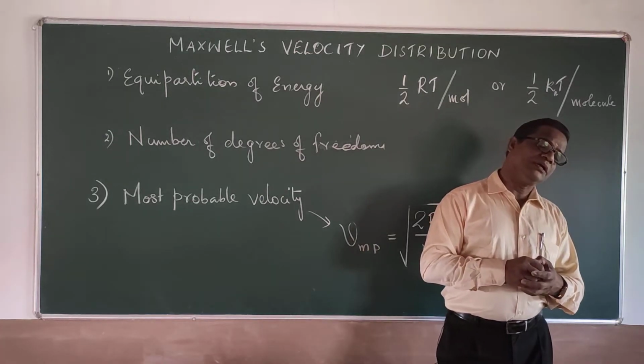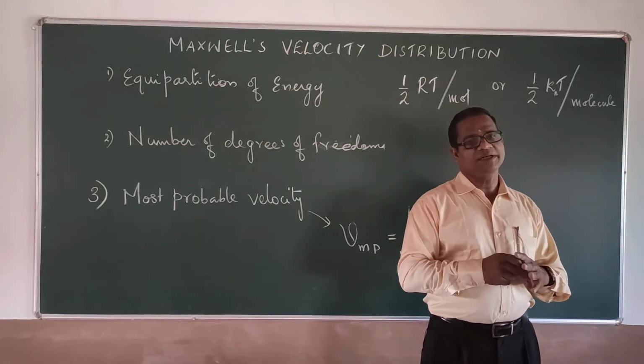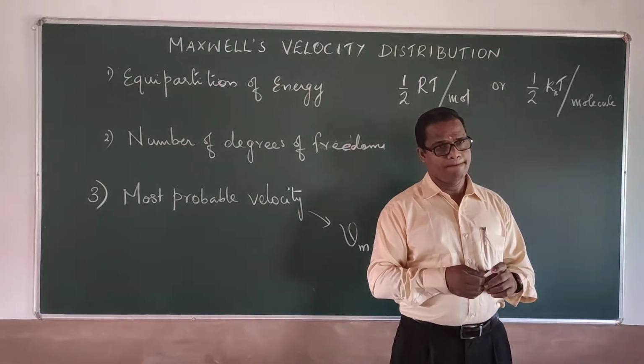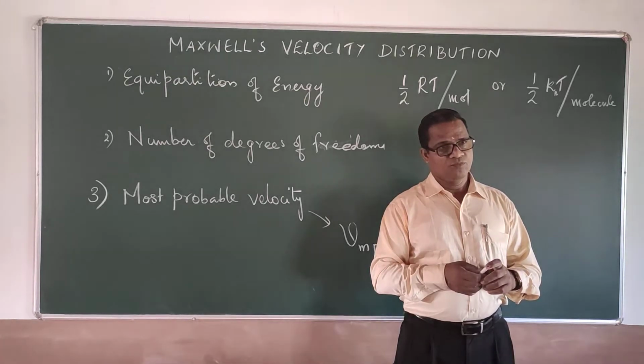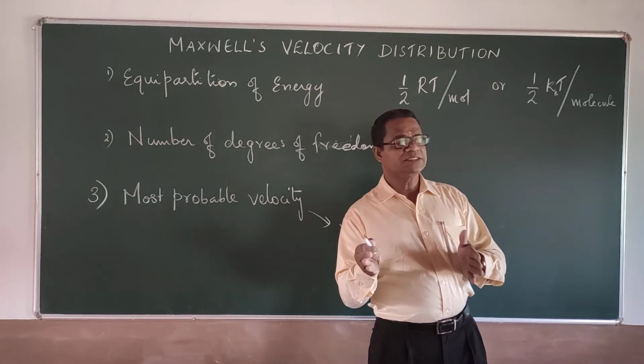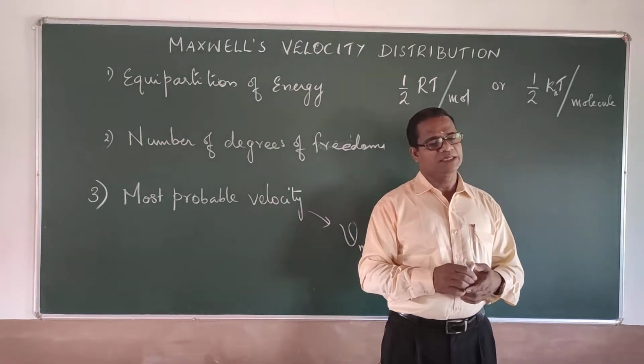So like this, the degrees of freedom can change according to the state of the molecule of the gas. As the number of divisions of the energy increases, the number of degrees of freedom increases. Understood?